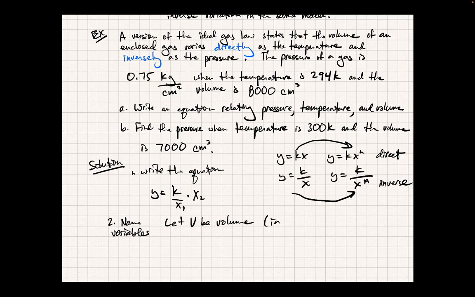And then what's my unit for volume? Centimeters cubed. Right. So our equation is k. So what other variables can I invent from my problem? Warren, give me a variable.